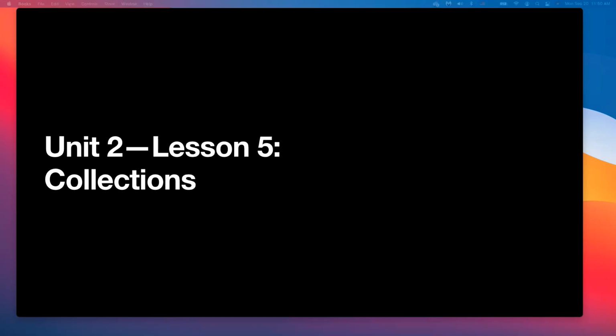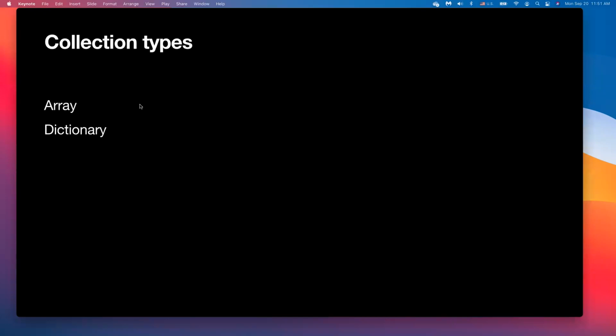If you have 20, you would have to define 20 variables. Or players or teams, whatever. Lists exist in real life, and we need to be able to define these lists in programming languages. In Swift, we have two ways to deal with collections.